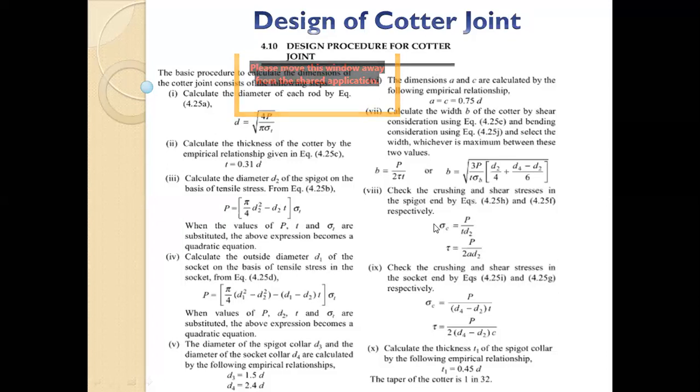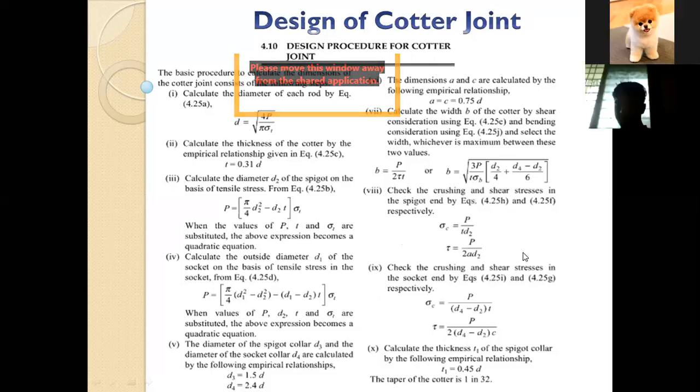So we know P, D2 and T, and we can find sigma C. This sigma C should be less than the allowable crushing stress. Similarly, the shear stress is P upon 2 A D2. We talked about how we came up with the formula. This shear stress should be less than the allowable stress. If both of them are okay, then we can say our design is safe. If not, then we have to increase the dimensions.